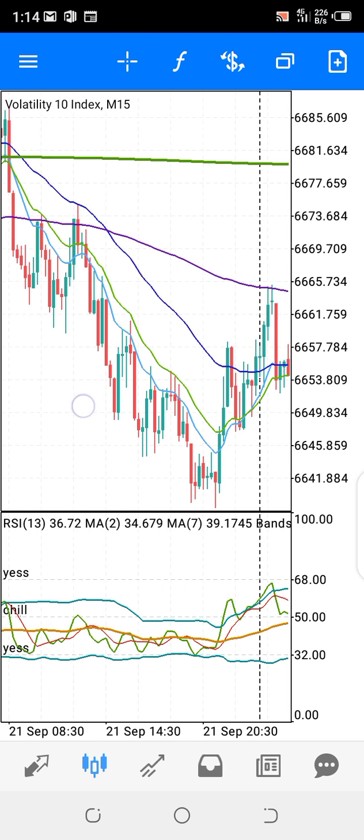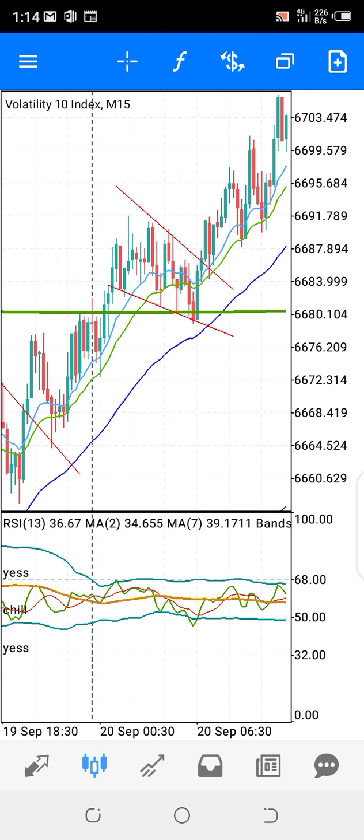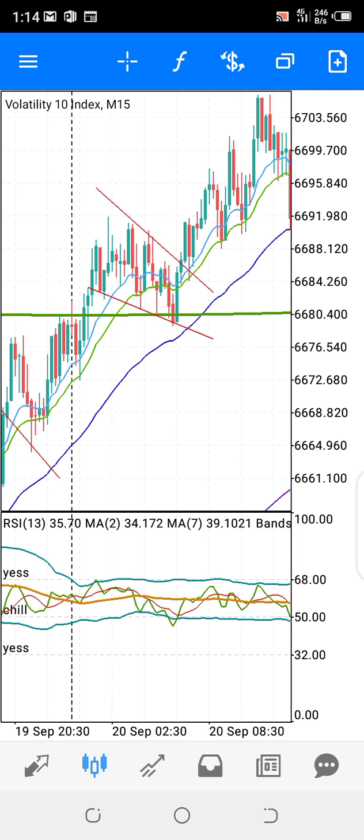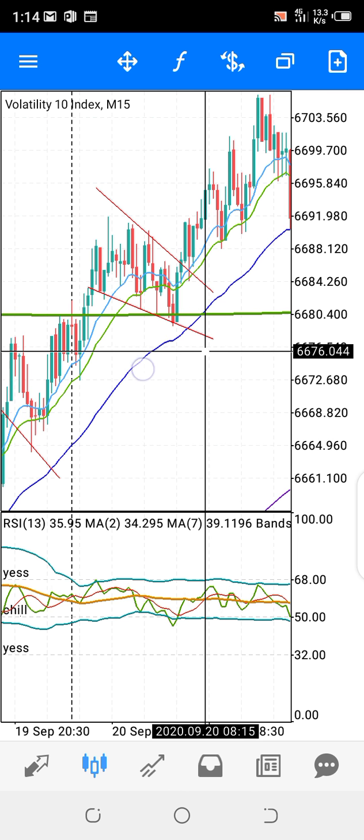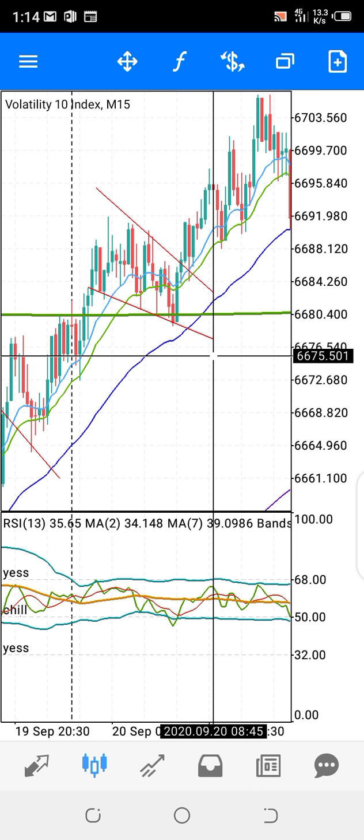Okay, you may find another flag. Here is another flag. Okay, it approached the 50 MA, correct? Can I see a shark fin? Yes, I can see a shark fin. So I can trade it properly. So it's a bullish one.